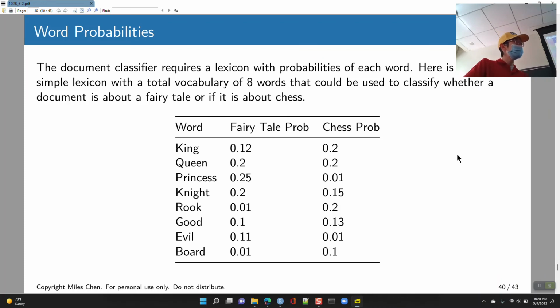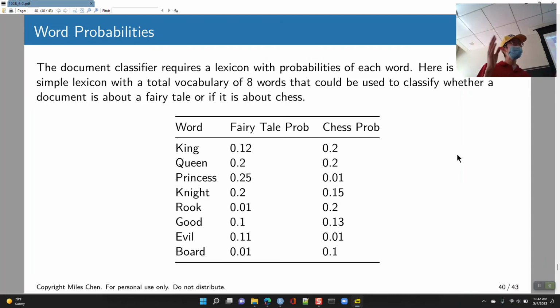Evil is a bit of a harsh judgment in the game of chess, so we're going to put a low probability on the word evil. And bored, definitely there will be some discussion there. You could just imagine this being expanded greatly to include thousands of words and maybe hundreds of categories.